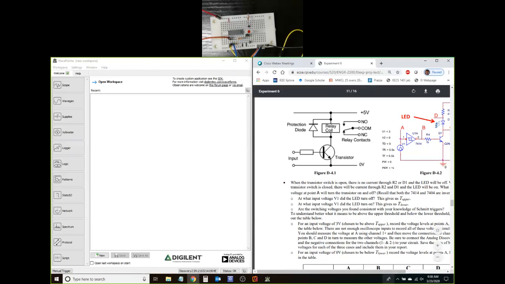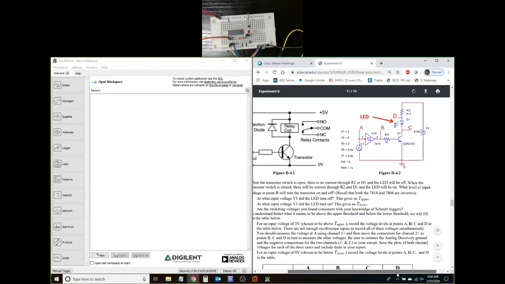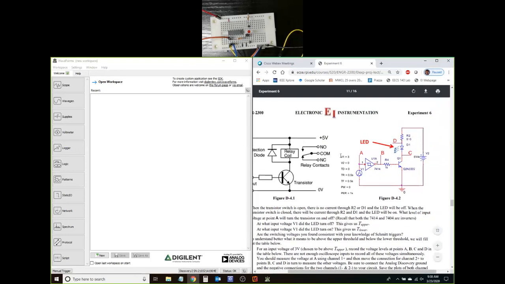So if you look at your figure D-42, I'm measuring A and B over here.